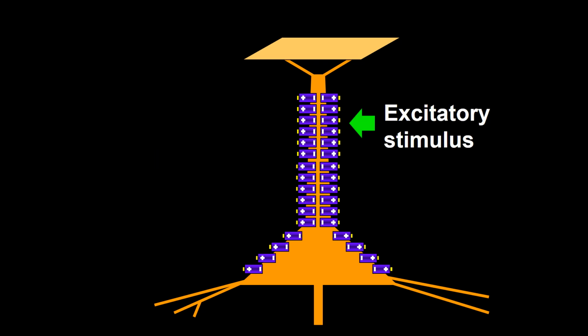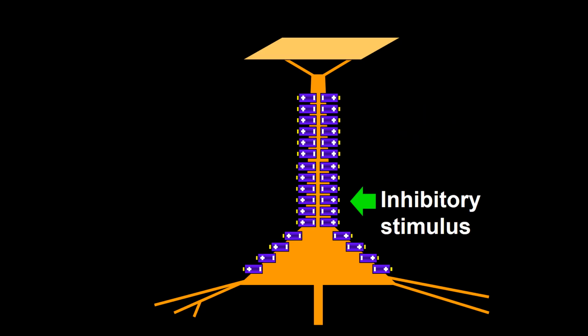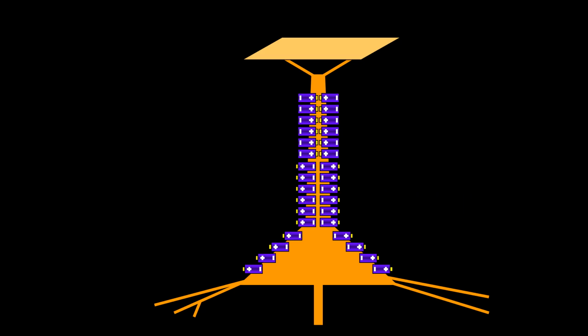If the distal portion of the apical dendrite is subject to a large enough excitatory stimulus, or if the proximal portion of the apical dendrite is subject to a large enough inhibitory stimulus, the batteries of the distal portion of the apical dendrite will turn so that now their negative pole faces the extracellular space, thus producing a demarcation between the negative extracellular apical dendrite region and the positive extracellular proximal dendrite region. This demarcation line will be labeled 0.